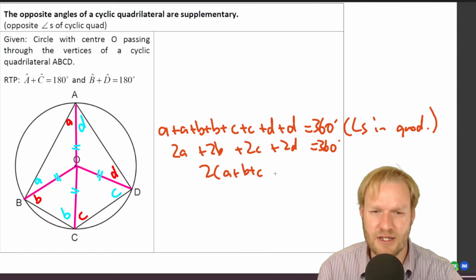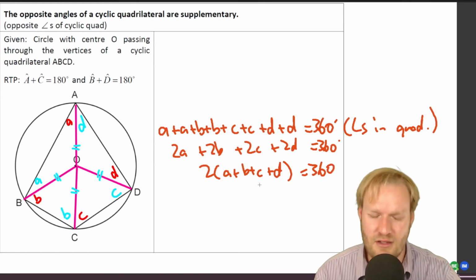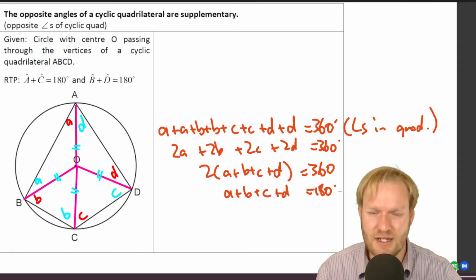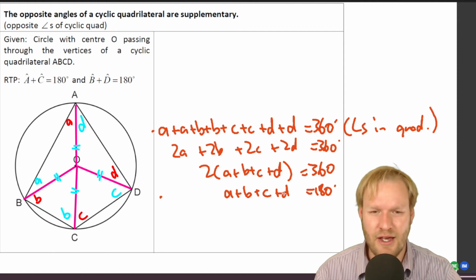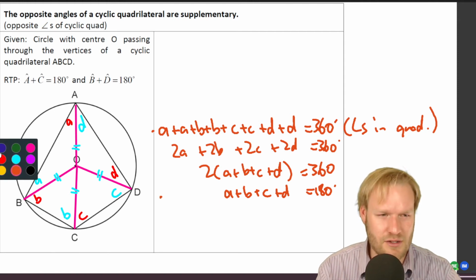2 times (A plus B plus C plus D) equals 360. Divide both sides of our equation by 2 and we've got A plus B plus C plus D equals 180. You could well have got straight from that step to that step. But wait a second.